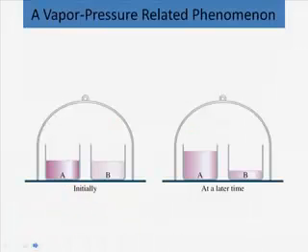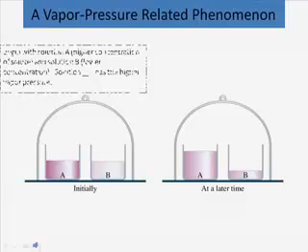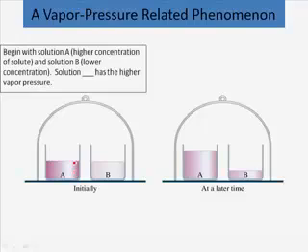Here's something to take a look at, to again look at the effect of a solute on the vapor pressure. Say, for instance, we have two solutions in a beaker, and we're going to seal them up in this container. Solution A has a higher concentration, and solution B has a lower concentration.